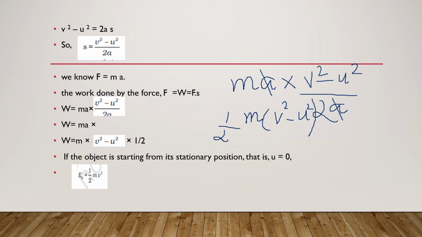Now, if the object is starting from its stationary position, that is, if the object was at rest when it began its journey, then u will become 0. If u is equal to 0, the equation will change into this form. That is, kinetic energy E is equal to half mv square, because u is equal to 0.